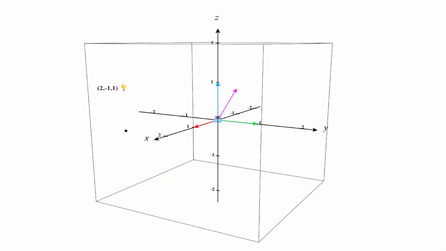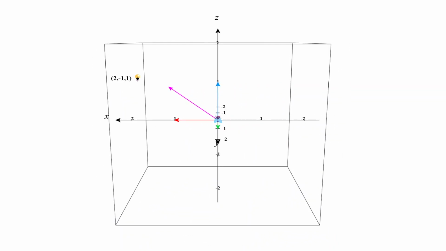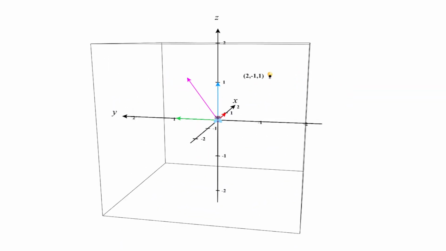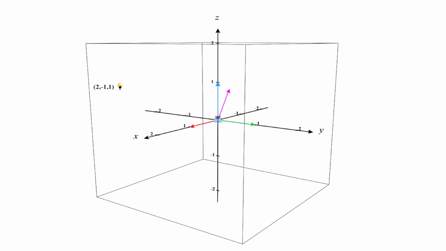And then finally, it could fly up in the direction of the vector 0, 0, 1, and it would get to its light bulb. And so you can see, maybe showing you a few angles here, that our fly can get up to that light bulb by just moving by those vectors.